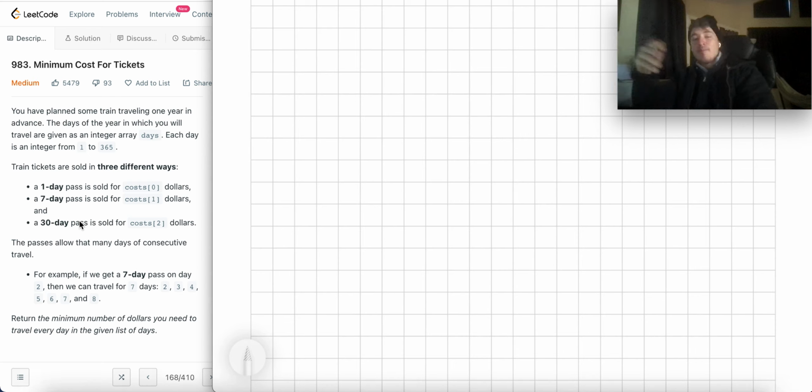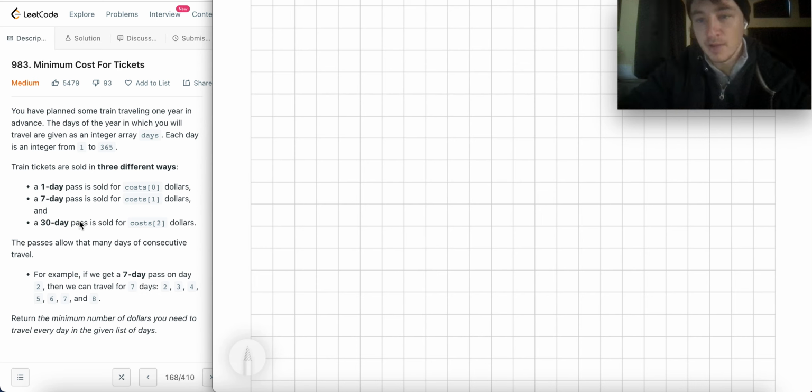Even though I might not be traveling 3 of those days, it's probably more efficient to buy one 30-day pass that covers that range rather than buying 27 1-day passes, because there's probably a price cut if you buy a longer pass.